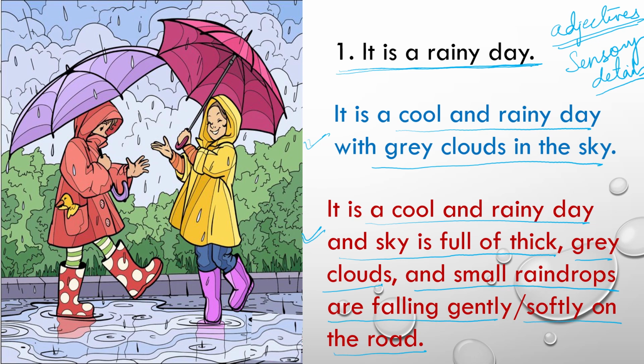So now you can see that by adding describing words or sensory details, you can convert this small, simple, short sentence into a more elaborate and clearer one, which gives you a sense of imagination where you can imagine the picture. So it is a cool and rainy day, the sky is full of thick gray clouds, and small raindrops are falling gently, softly on the road. This is how you make your writing clearer by adding these details.